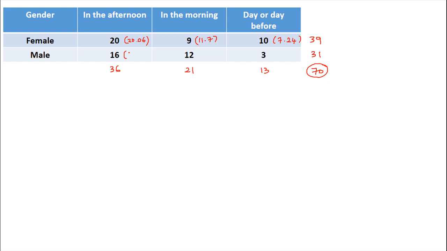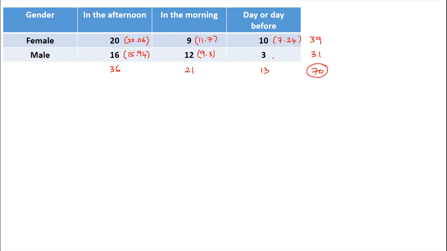In the afternoon for male, 31 multiplied by 36 divide by 70, so this is equal to 15.94. Okay, next cell, 31 multiplied by 21 divide by 70, so this is equal to 9.3. Actually, you can calculate based on the total for each column.